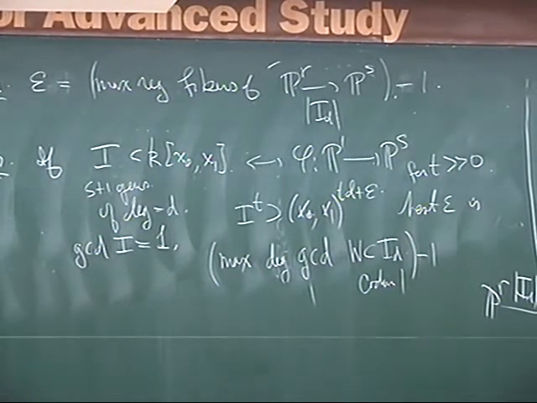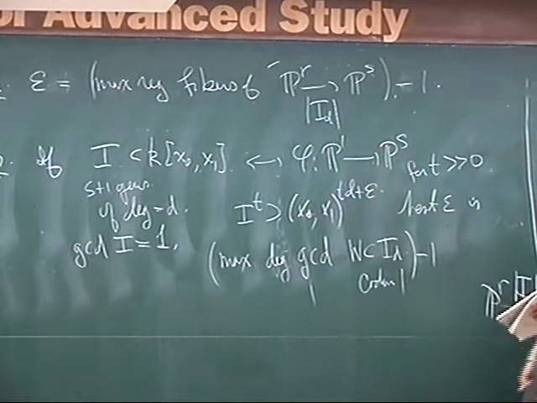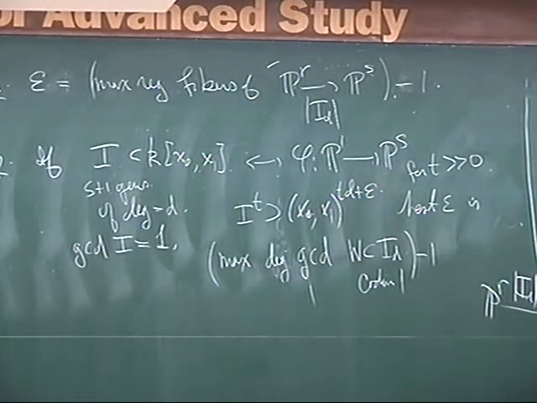For monomial ideals, you can see very clearly the picture, and I think I won't do that. Let's see, I started at 40, didn't I? So I have another bit of time. All right.